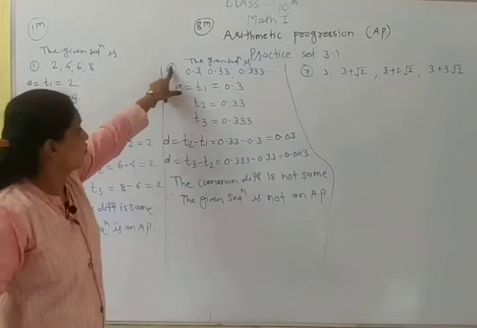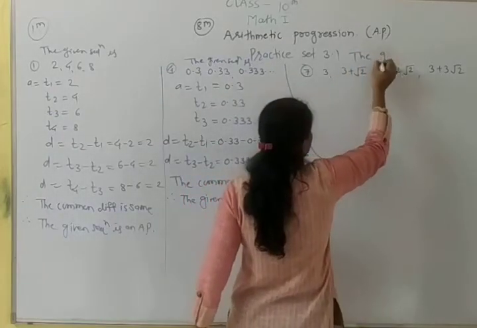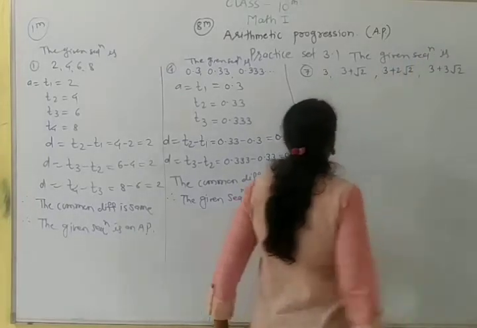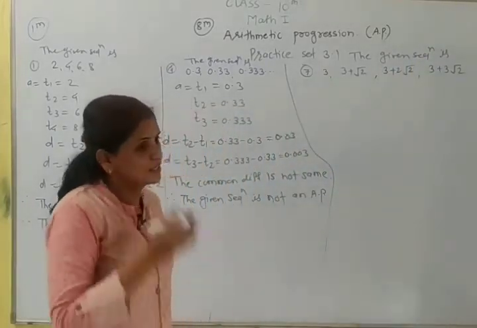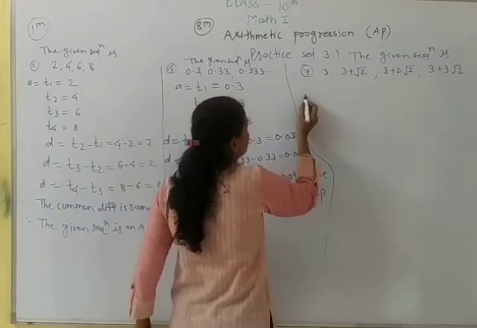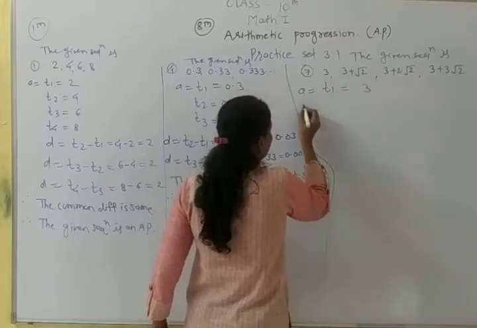Here the fourth problem. And the seventh is, the given sequence is 3, 3 plus root 2, 3 plus 2 root 2 and 3 plus 3 root 2. Find the common difference between two consecutive terms. Then write down here A equal to T1 equal to 3.